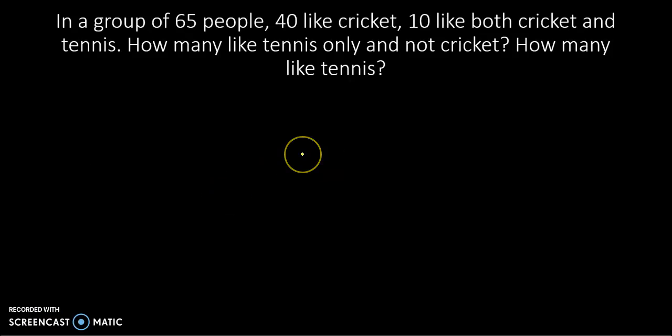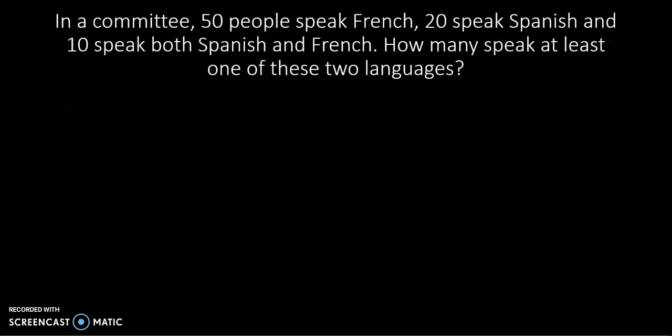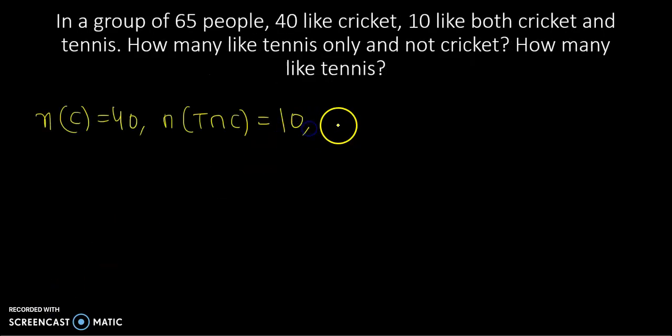I've been given that in a group of 65 people, 40 like cricket. So I'm going to write it something like this. Number of people liking cricket are 40. 10 like both cricket and tennis. So the number of people who like tennis and cricket is 10. How many like tennis? The first thing I need to find out is how many like tennis.